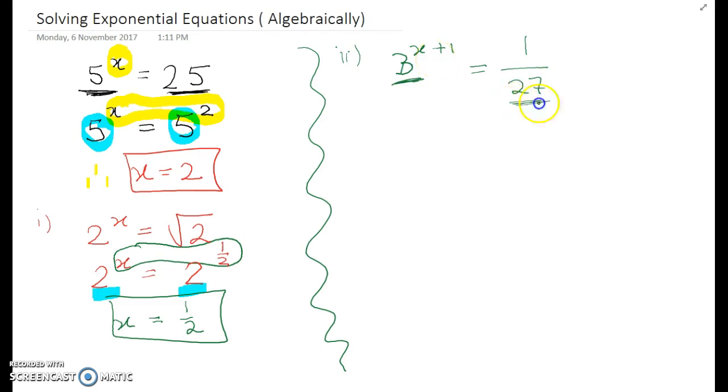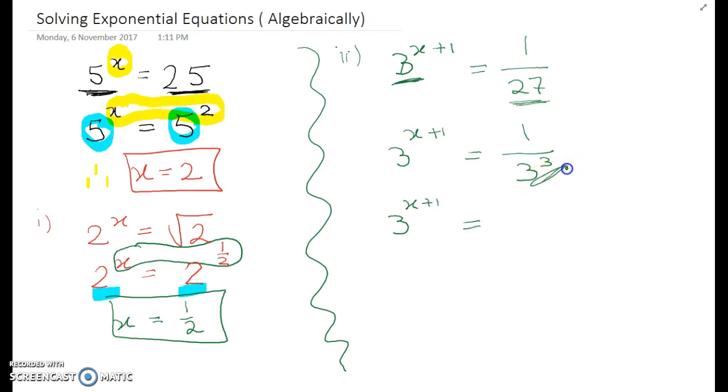We have 27 there, and that does ring a bell. We know that 27 is the same as 3 to the power of 3. Let's just check that one. 3 times 3 is 9, times 3 is 27. Beautiful, that's correct. Now, we're going somewhere.